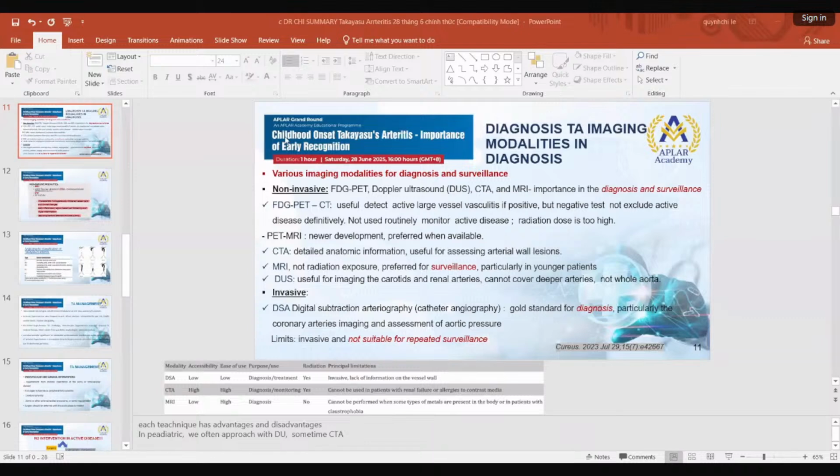In clinical practice, we do not have a direct comparison study among these techniques.